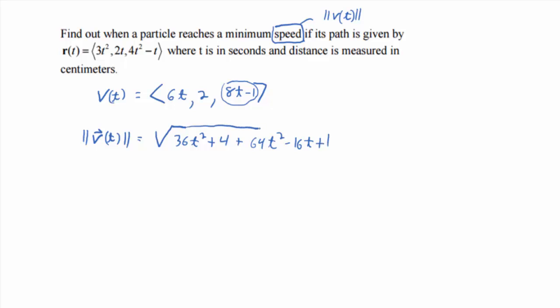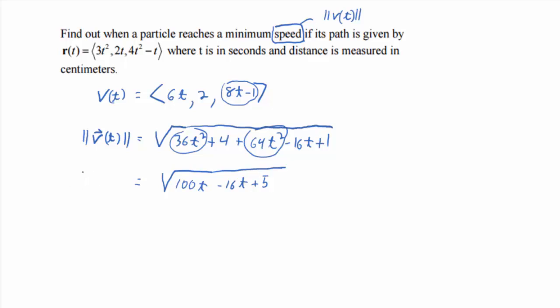Everybody sees where that comes from? Okay. And then what do we get underneath that radical? Okay, that's nice. 100t squared minus 16t plus 5.